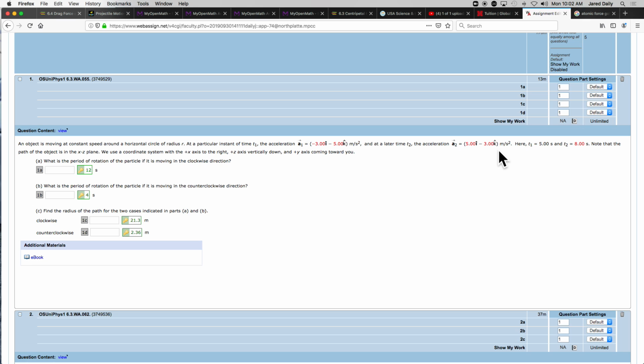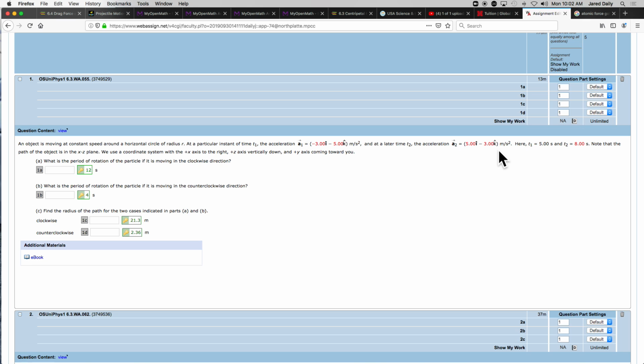It's going to be 2 point something. Wait, that's not right. T1 equals 5 seconds, T2 equals 8 seconds. Oh, never mind. They're actually not assuming you went all the way around. They're just assuming you went from here to here, so that's just a quarter of a period.